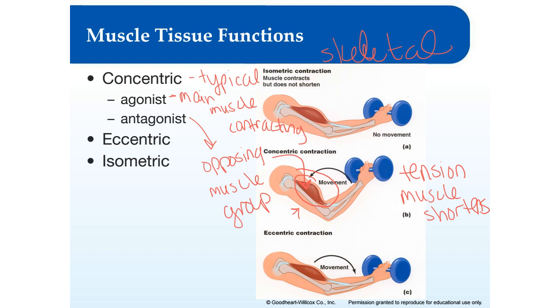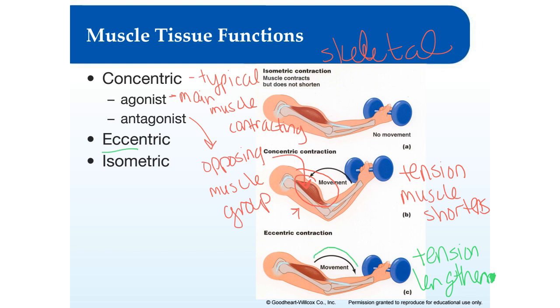An eccentric muscle contraction, we see that happening in this bottom picture here. An eccentric muscle contraction is going to produce tension, but it's going to lengthen the muscle as it produces tension. If I'm doing a bicep curl, I don't curl it up like I did in picture B and then just flop the weight back down, right? I'd break my elbow.